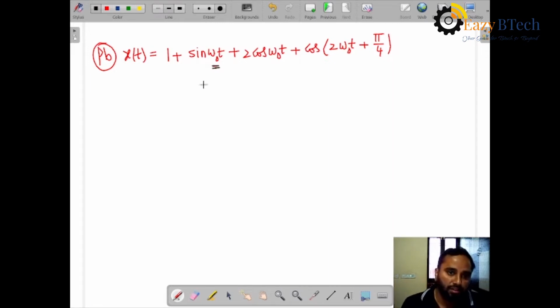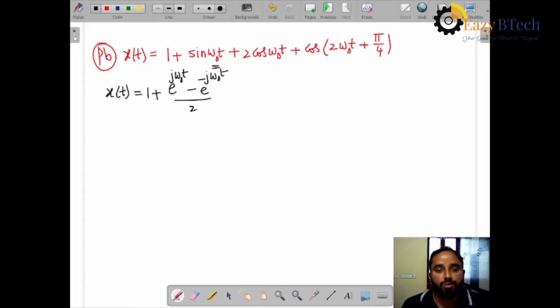Now, as per Euler's formula, we can write x of t is equal to 1 plus, sin theta can be written as e power j omega naught t minus e power minus j omega naught t, divided by 2j. Similarly, cos theta can be written as 2 into e to the power j omega naught t plus e power minus j omega naught t, divided by 2.